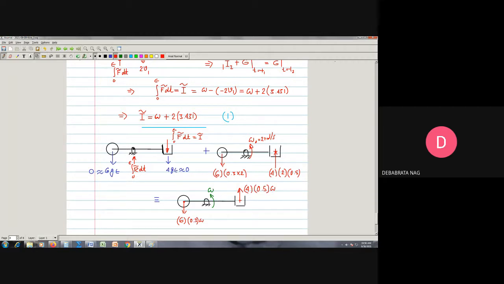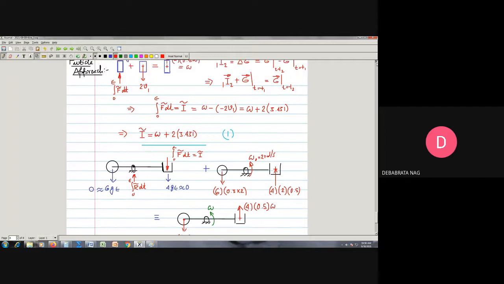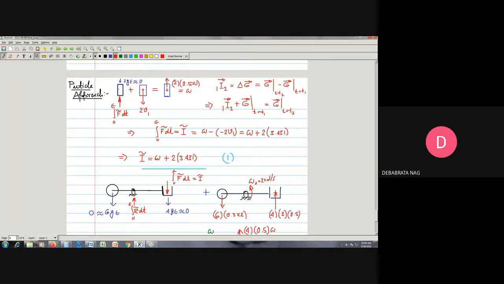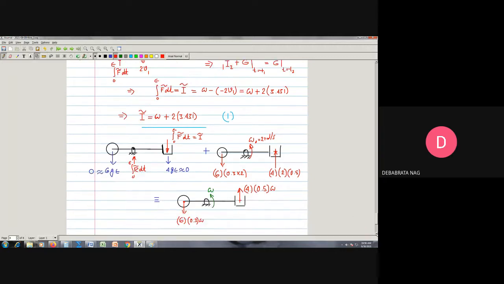So you see, we have dismembered the system, and we have the plug, and we have this assembly. Now this is a diagrammatic equation, and in this equation the only undesirable unknown is this one.